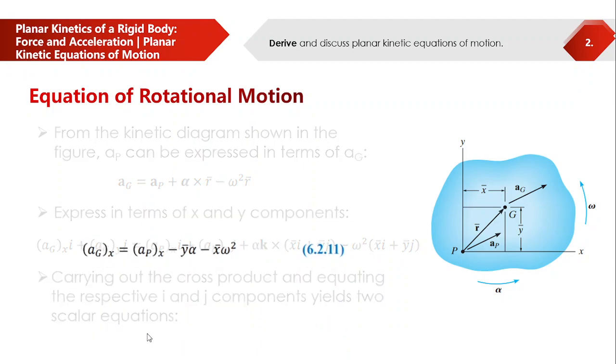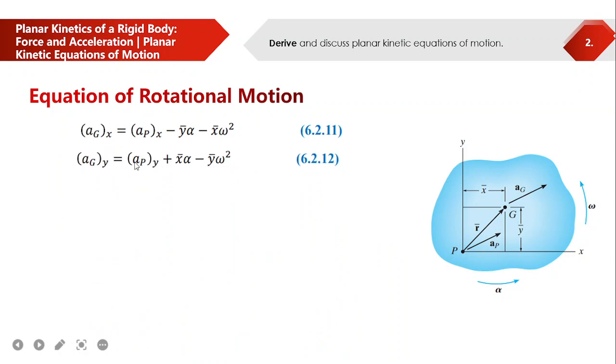Okay? So for the y component, it is a sub p sub y, the acceleration at point P, plus x bar times the angular acceleration minus y bar times the angular velocity squared. So this is how you compute a sub g for the x and y components.